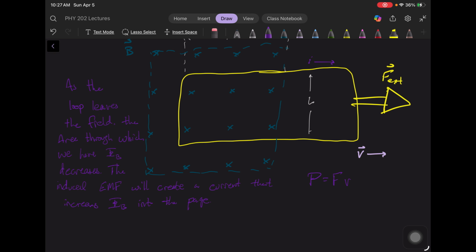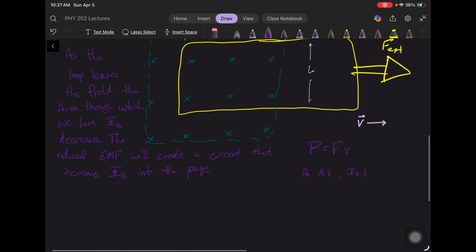We said this already. As A decreases, the flux decreases. Everything's perpendicular, so we can say phi sub B is equal to BA.